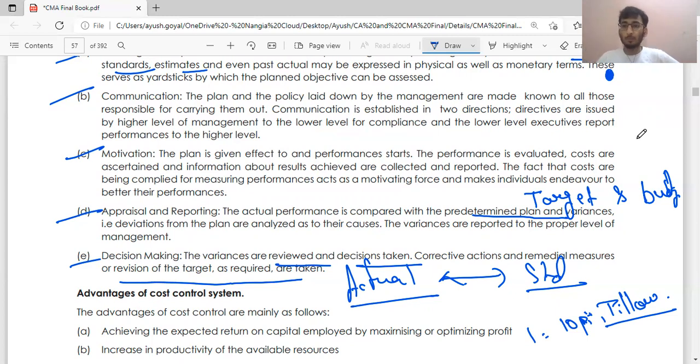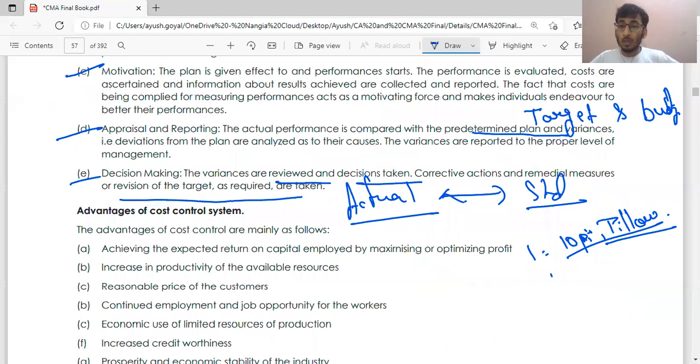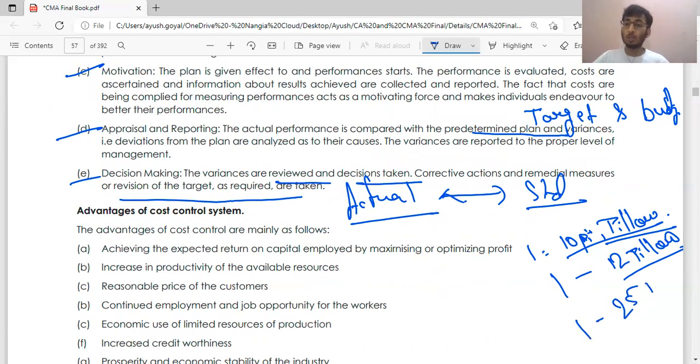My normal capacity is 10 pillows in one day. Someone is saying that you need to make 12 pillows. What would I say? I can try, because if I'm making 10 pillows, there is a chance that I can make 12. But if someone is saying that I have to make 25 pillows a day, what would be my step? Definitely I cannot do that. If I know it is not possible for me, I would not even try for that.